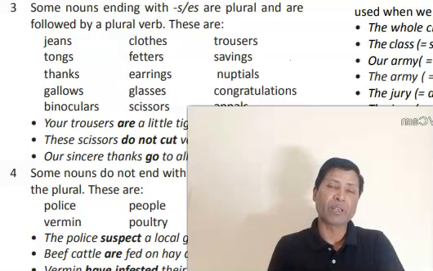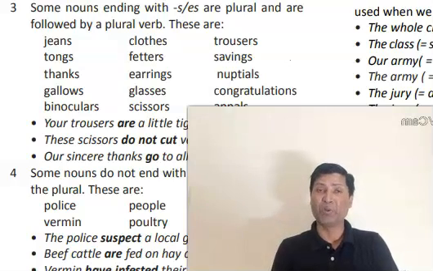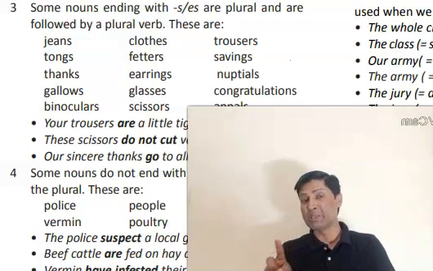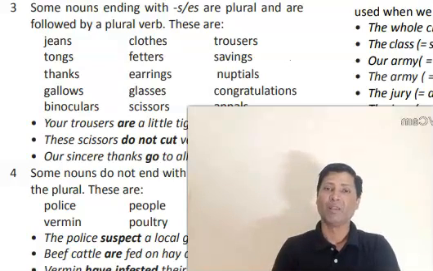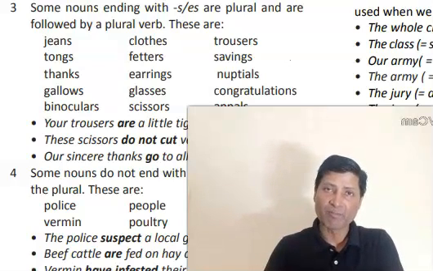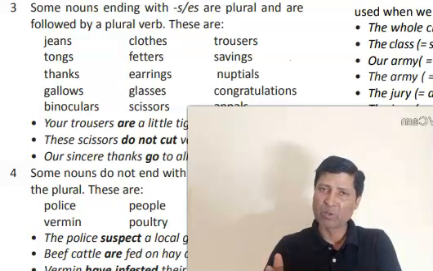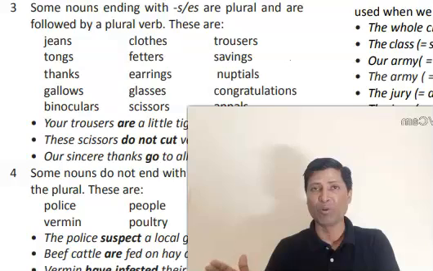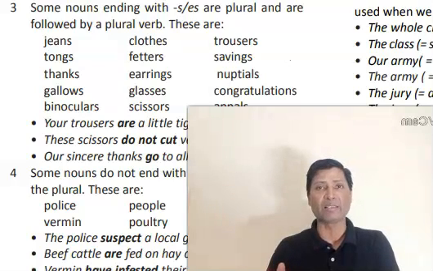But in rule number 3, I have included a group of nouns that are also ending with S or ES, but they are always plural. So as a student, you will have to keep your concept clear: which nouns ending with S or ES are singular and which nouns ending with S or ES are plural.